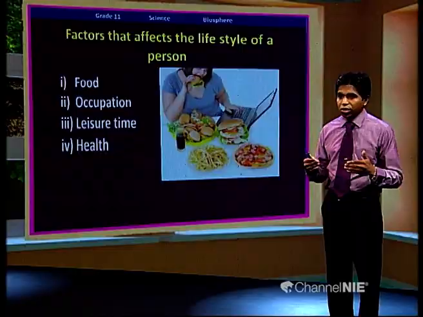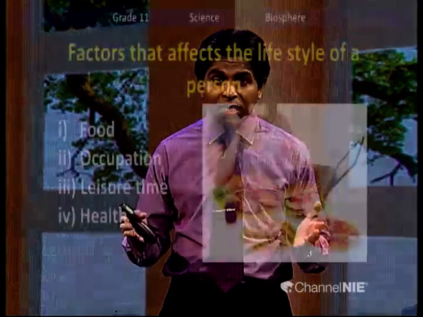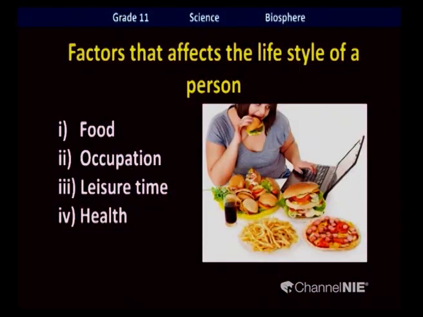These foods contain a high amount of saturated fat, which can increase the risk of getting cancer and heart attack. It can cause obesity, because of the high calories in these foods and cola drinks and the lack of physical exercise. They also don't have leisure time, and their health directly affects their lifestyle.